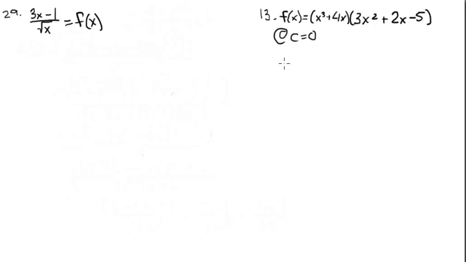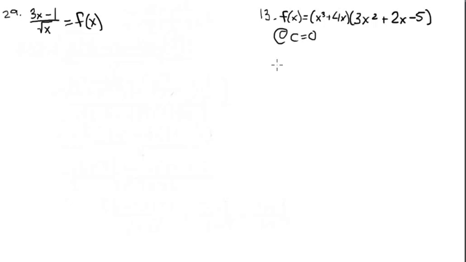If they just give you the function and say find f prime of x, they mean find the arbitrary derivative, the derivative that can be evaluated at any value of x, and then evaluate it for one specific value of x, x equal to c, which is 0.